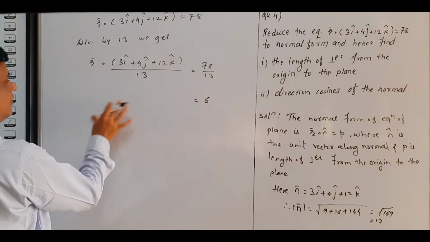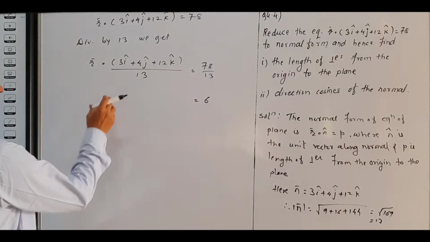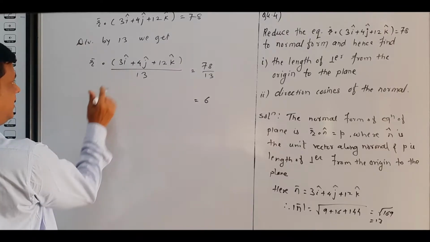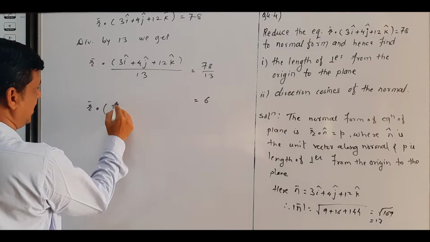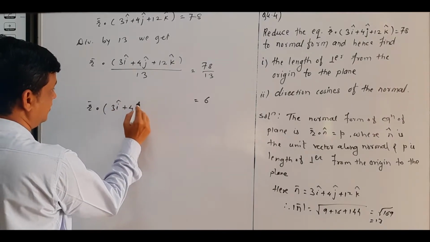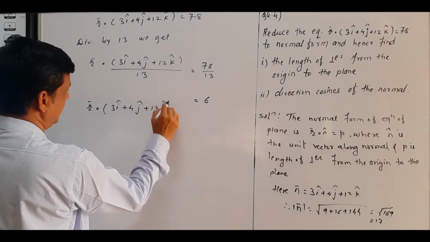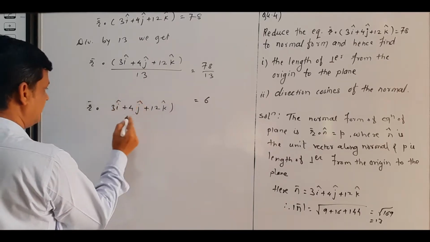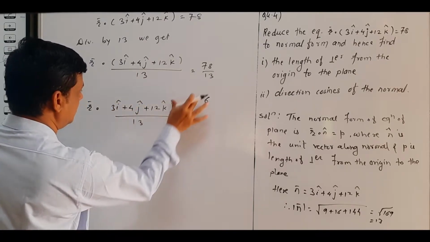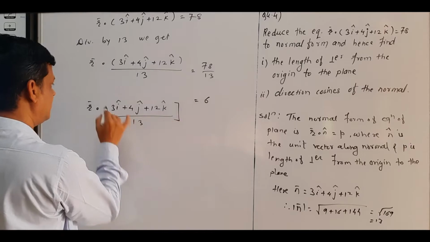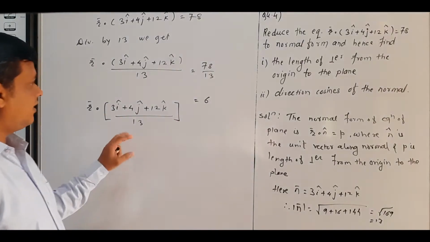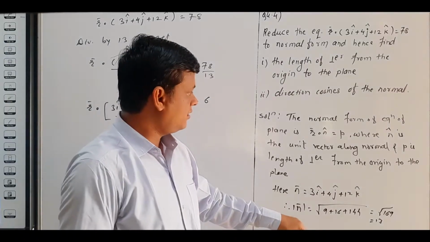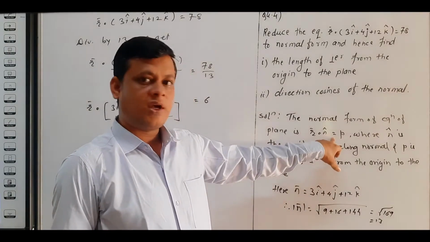Now we can write this as r bar dot 3i plus 4j plus 12k upon 13 equals 6. This is value of normal vector. So we compare this with r bar dot n cap equals to p.